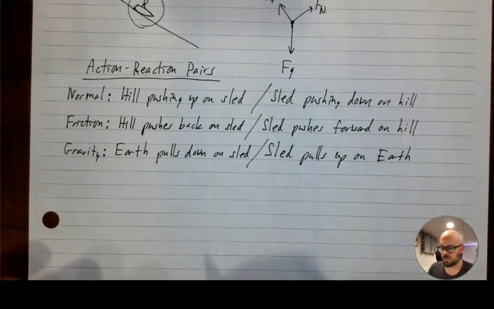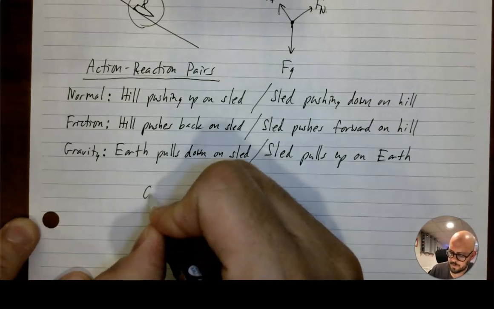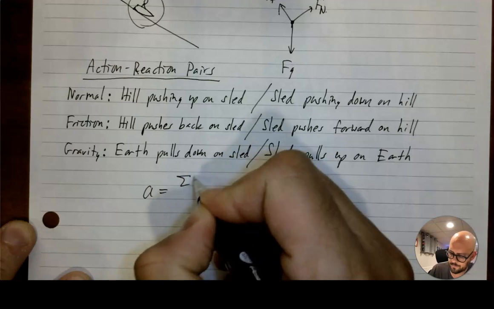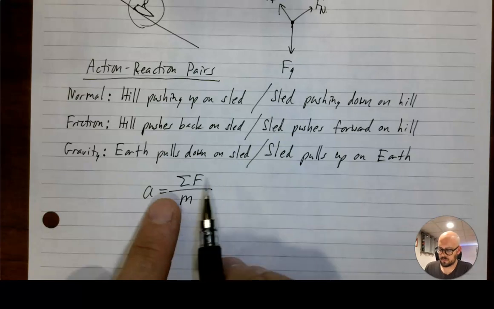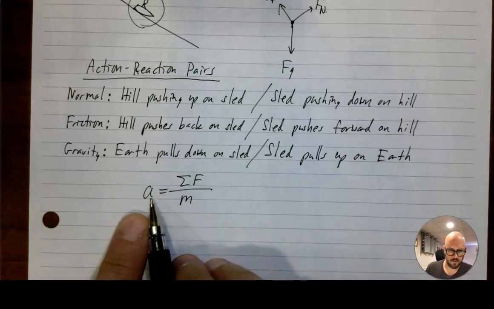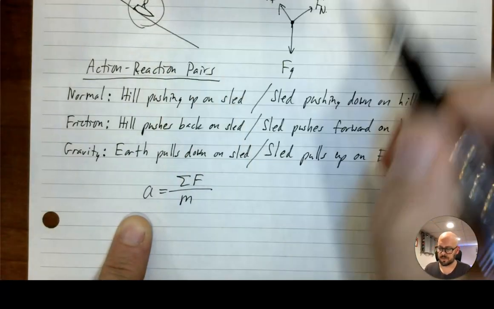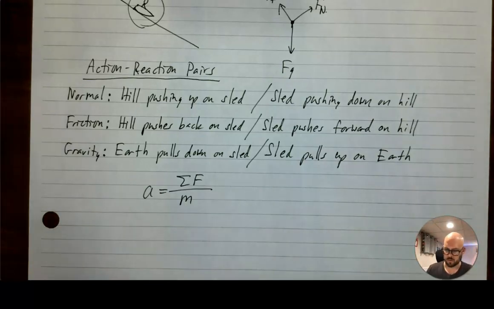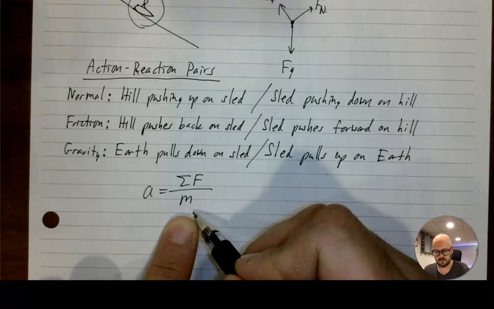Okay, so the reason why the Earth doesn't move, but the sled moves, is because of Newton's second law. If the forces are equal, that doesn't tell you the entire story about acceleration. So the reason the sled accelerates a lot down the hill, but the hill doesn't accelerate toward the sled, is because the hill has so much more mass than the sled.